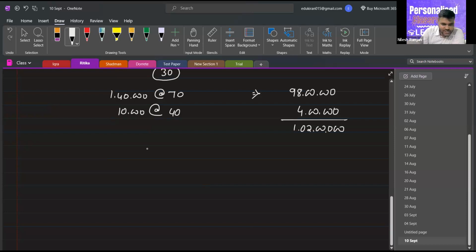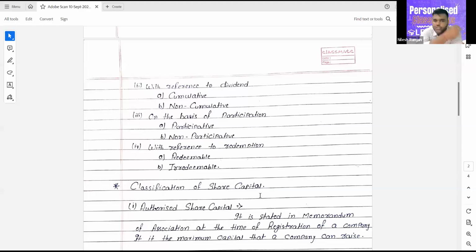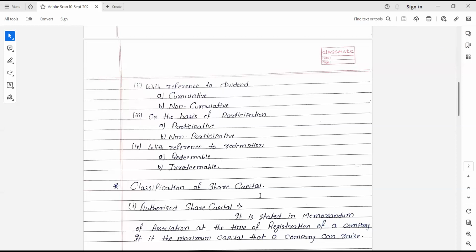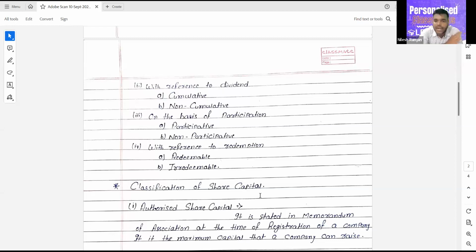So if you know this, then let's see the PDF again. Classification of share capital. The first classification is authorized share capital. It is stated in the Memorandum of Association at the time of registration of a company.